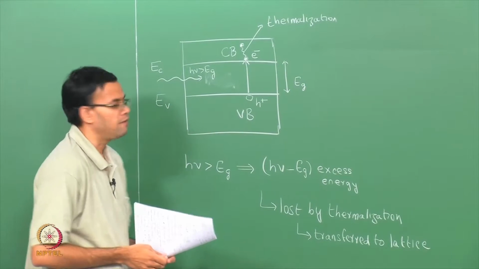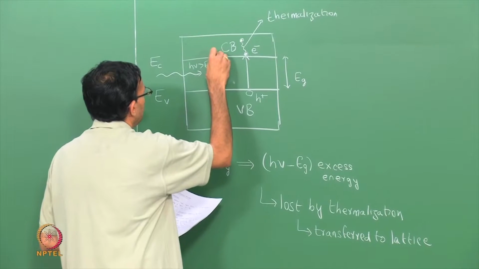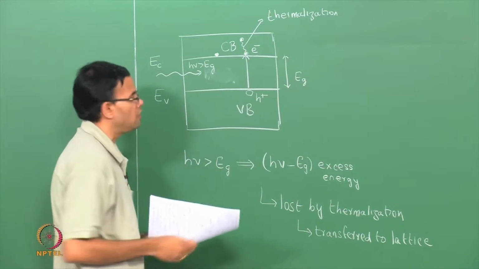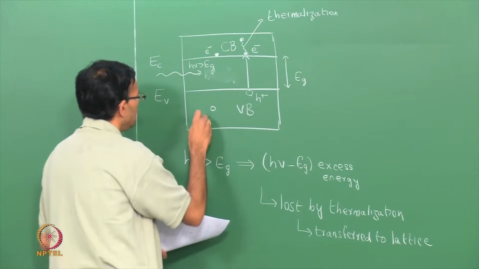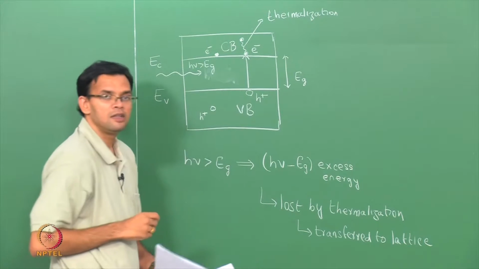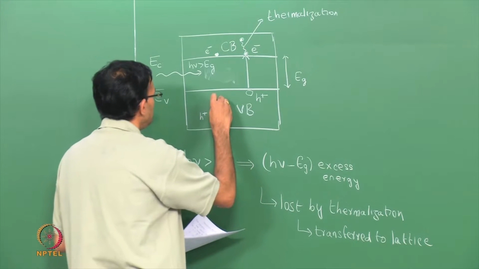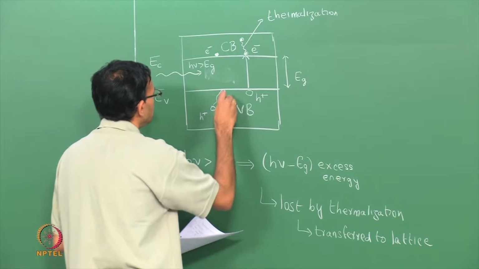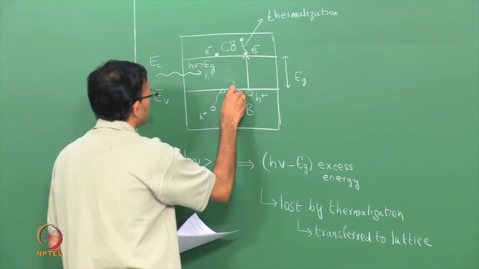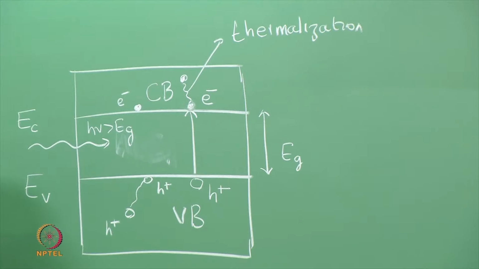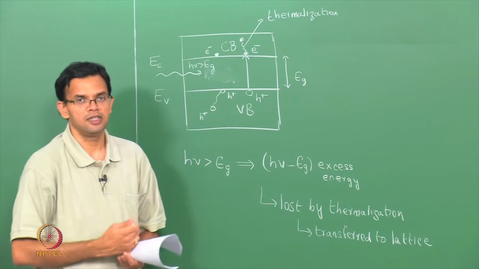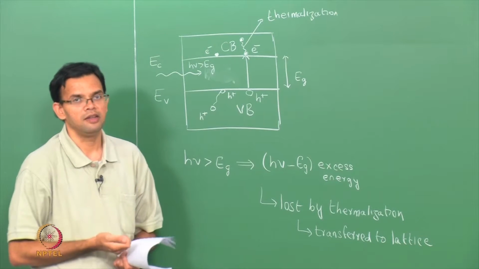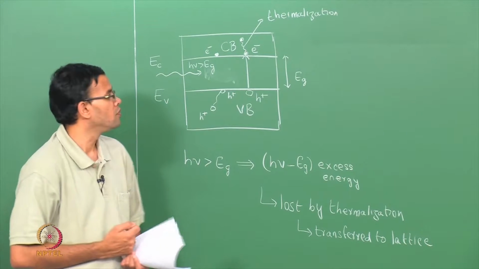You can also have a situation where you have the electron at the edge of the conduction band and you have a hole that is deep within the material, and the hole loses energy and then goes to the edge of the valence band. So, that is also possible. So, the point is, we have optical absorption whenever the energy of the incident radiation is greater than or equal to Eg.